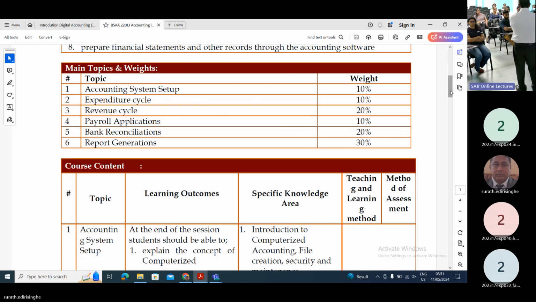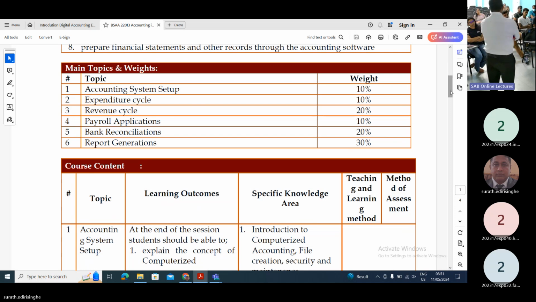The expenditure cycle means the payment cycle: purchases, creditors, purchase orders, invoices, returns. Those parts, and the acquisition of fixed assets, capital asset acquisition, everything is discussed under the second topic.